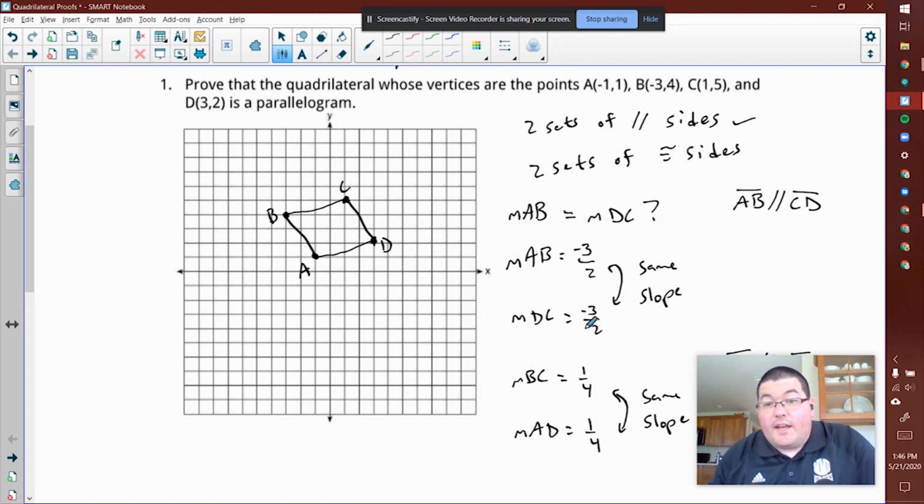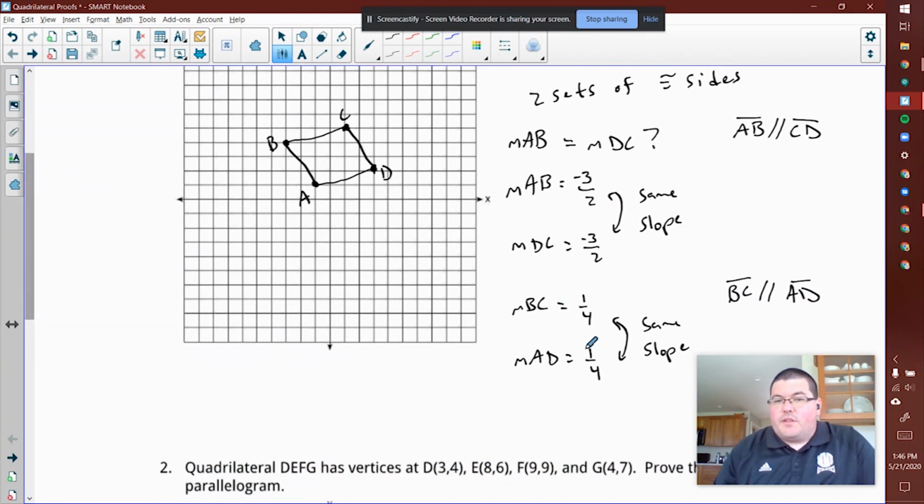Well, let's take a look at the distances for AB, for DC, for BC, and for AD. Since each of these has the same slope, we already know that the distance for AB is the square root of the run squared plus the rise squared.